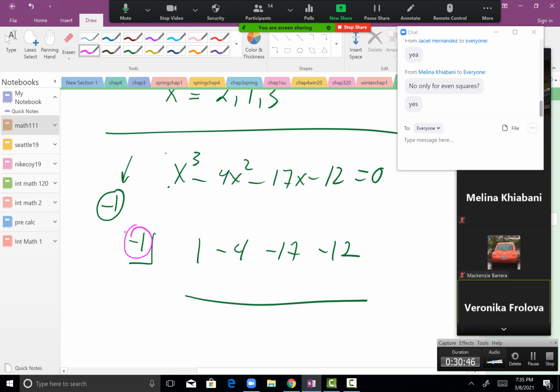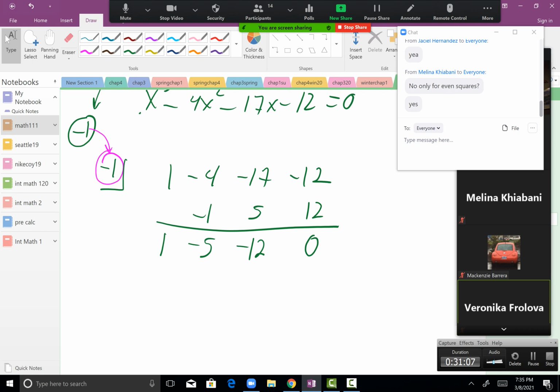We're just using that exact x-intercept, whatever it is. All right, here we go. 1, -1, -5, 5, -12, 12, 0. There's my synthetic division.